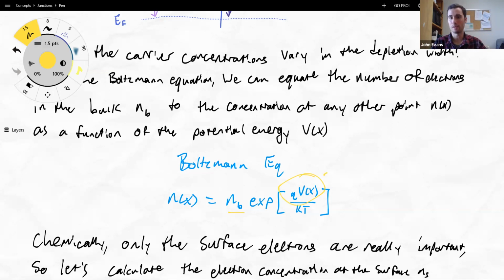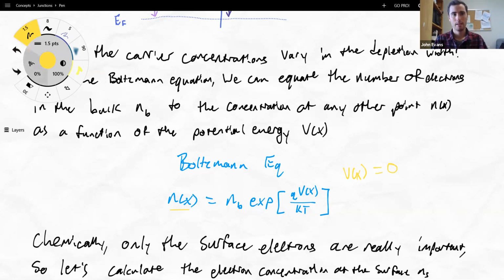Remember, this is going to be the energy, actually. So Q times the voltage at any given point divided by kT. And if we take this to its logical conclusion, if we go to a location in the bulk where V of X is equal to 0, then N of X is just equal to N sub B.